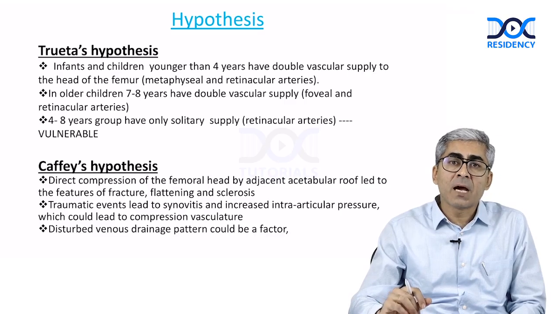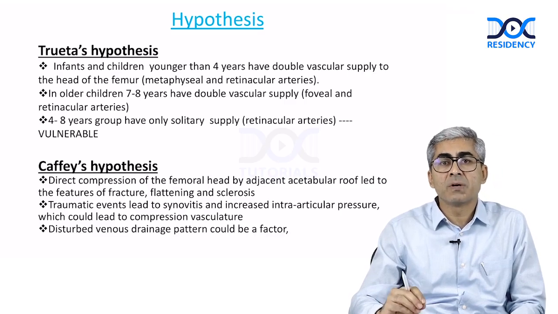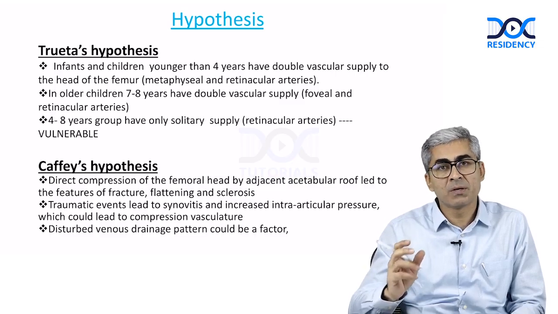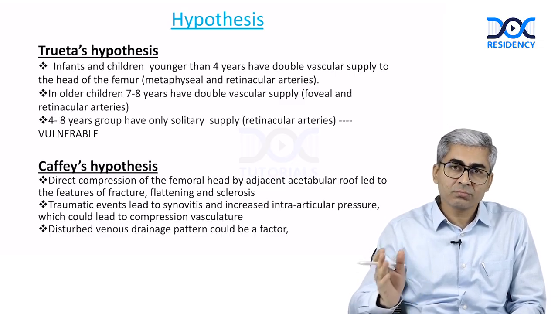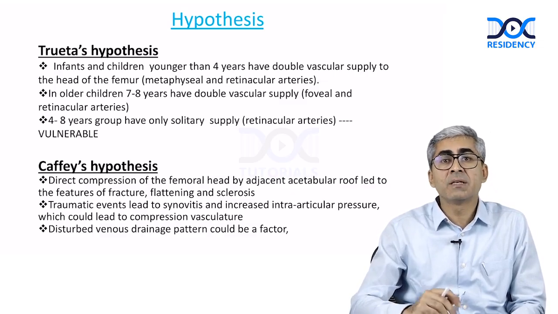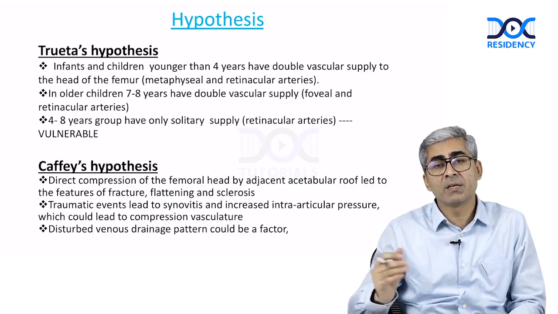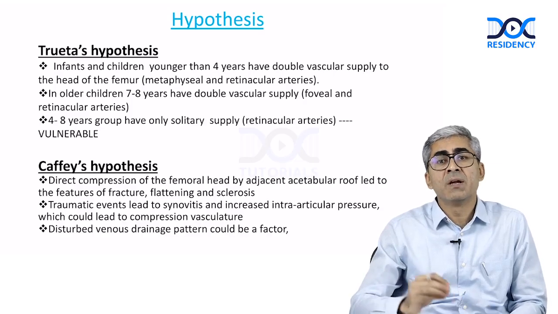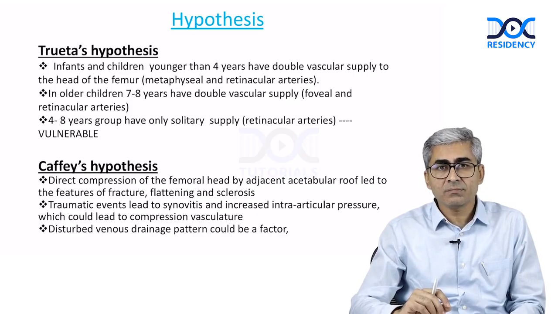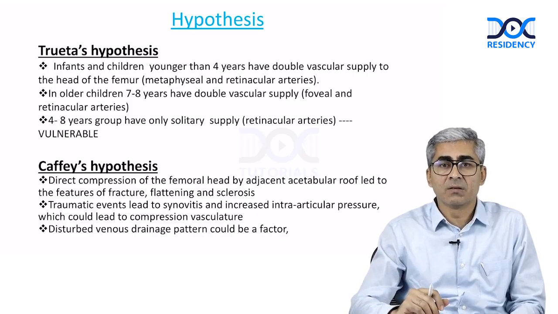So there have been hypotheses proposed as to why this happens. The Trueta hypothesis is based mainly on the vascular theory. There is a disruption of the blood supply for some reason, and that leads to the femoral head deformation. And that's why they say that it is common between 4 to 8 years, because the supply is very reserved, or the sole supply would be the lateral retinacular vessel.